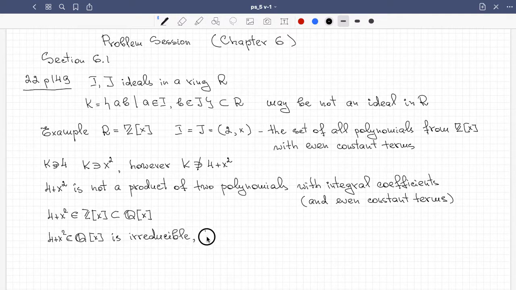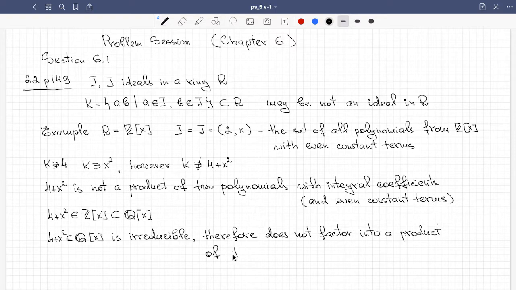Therefore it does not factor into a product of two polynomials of positive degree.